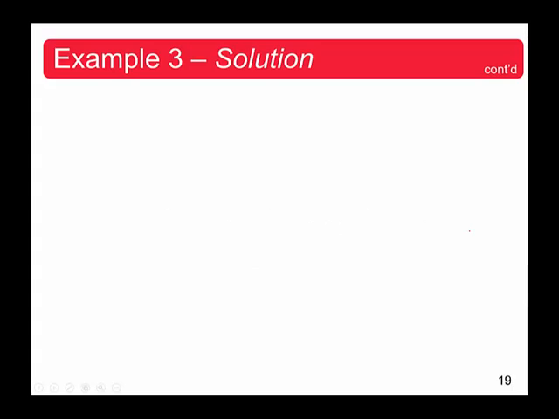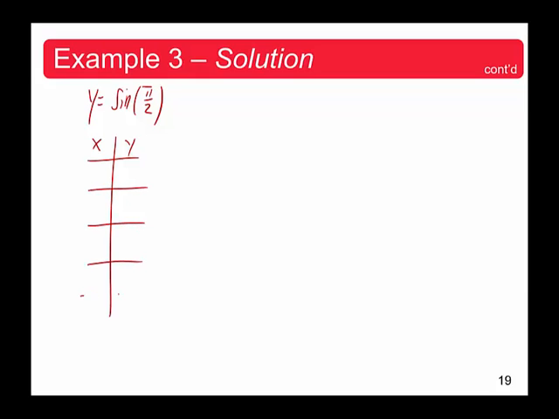Now let's sketch some graph. Okay, get some ordered pairs and sketch it. So we get y equal to sine of x over 2. And we need 5 ordered pairs, just like the other one. And again, the period is 4 pi.